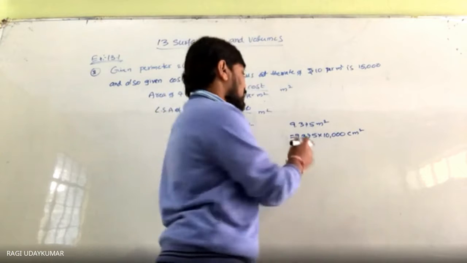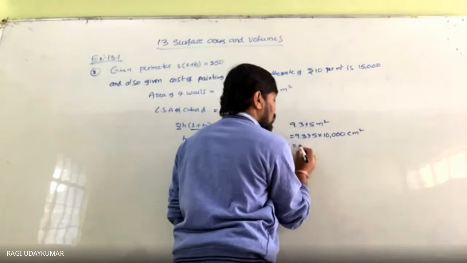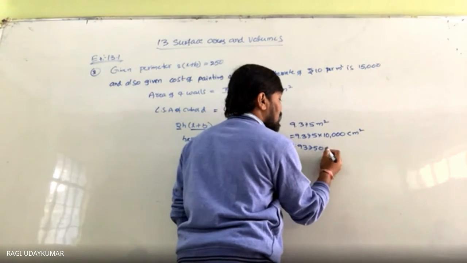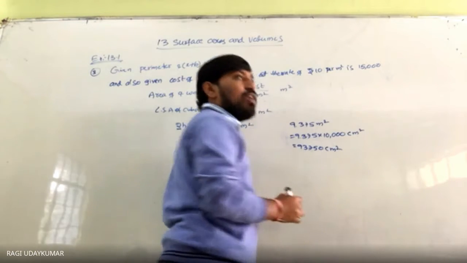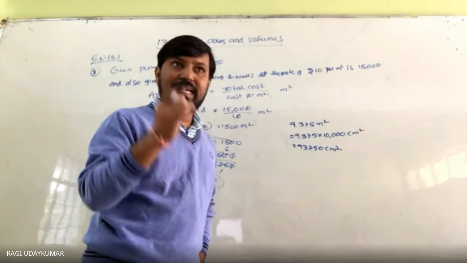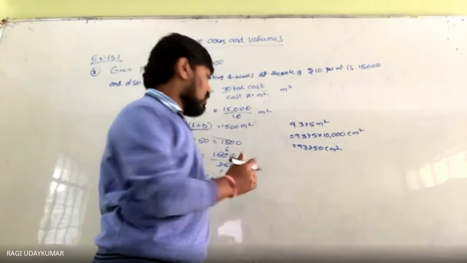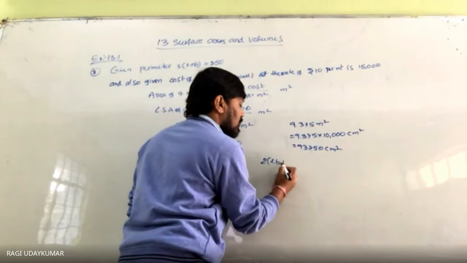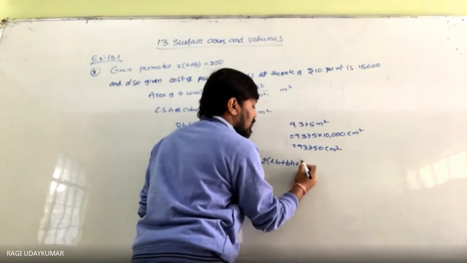Multiplying by 10,000, you get 93750 centimeter square. This is to be divided by the area of one brick. Brick area you are going to get as 2 into LB plus BH plus LH.